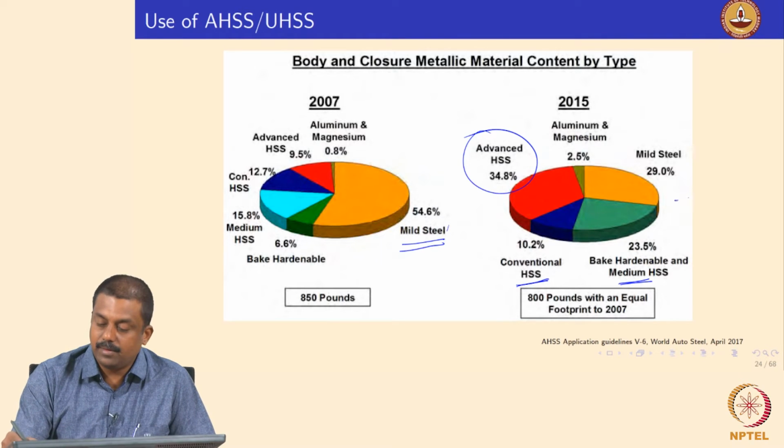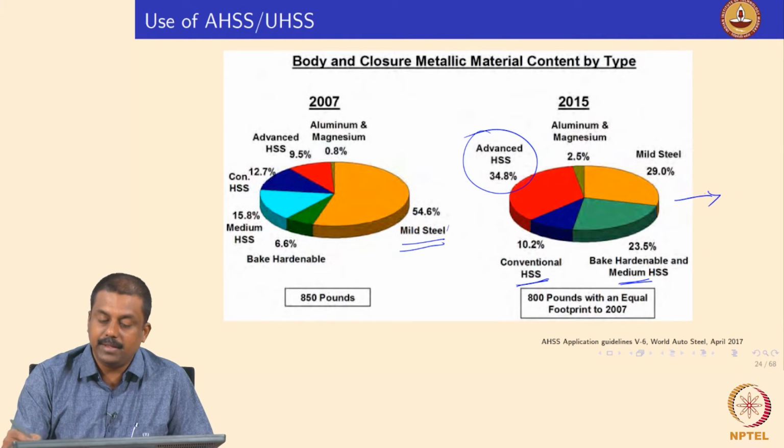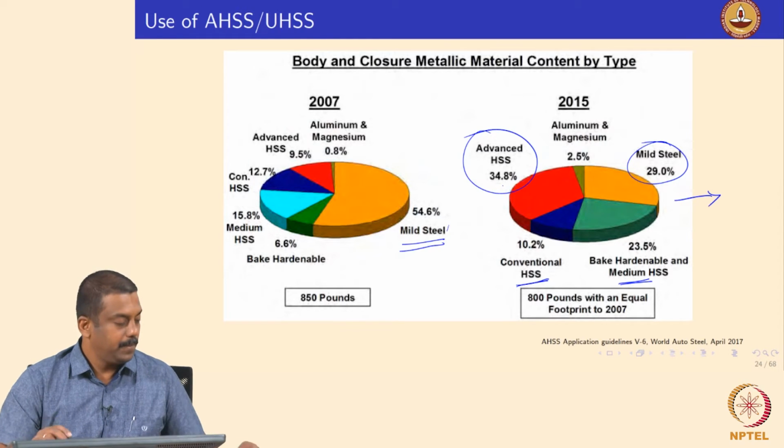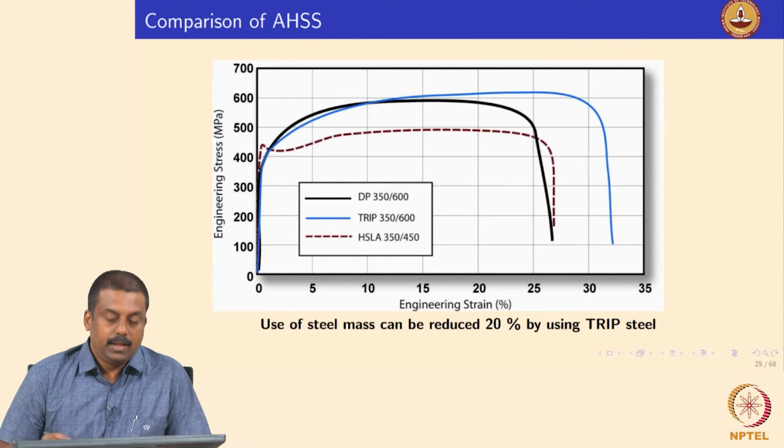And if you see, the trend now is that the use of advanced AHSS steels keeps on increasing. The main beneficiary in terms of weight saving is the mild steel. The mild steels are all getting replaced with advanced AHSS steels.